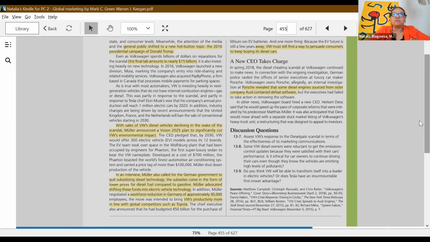So the question here is, there are a few ethical questions. First, how do we evaluate the whole scandal and why it happened, and what can be done to prevent such things from happening, but also how did they handle it? What marketing activities did they do and how could they have done better?